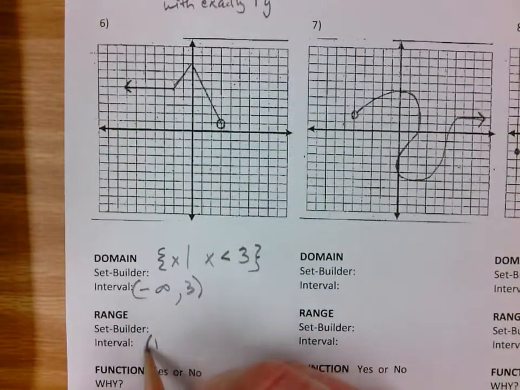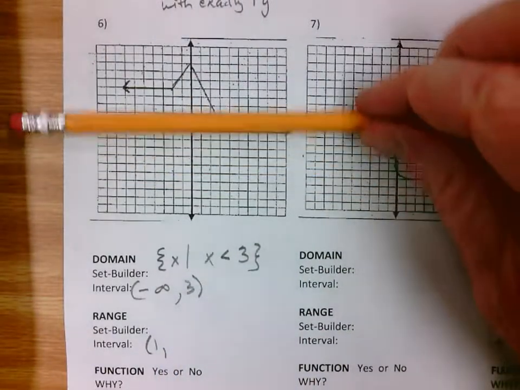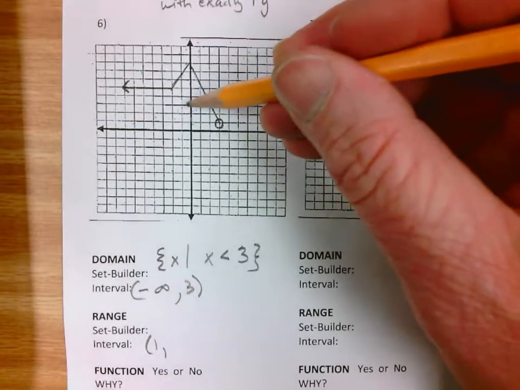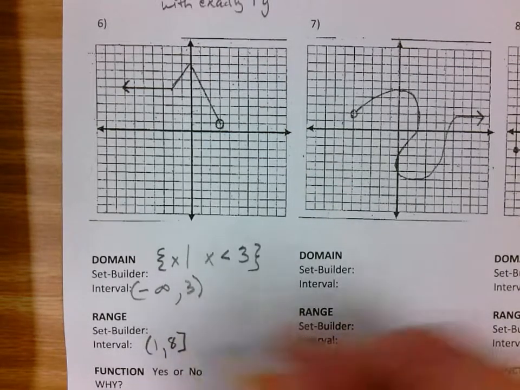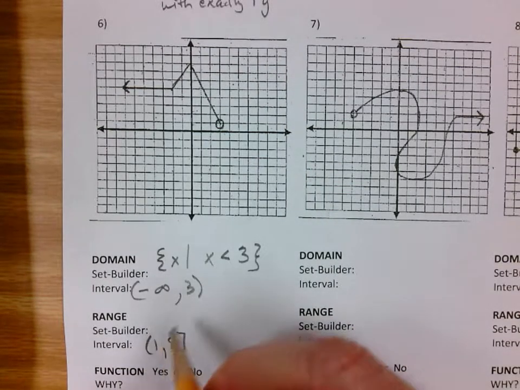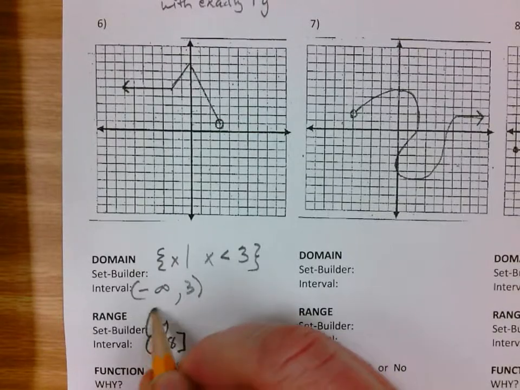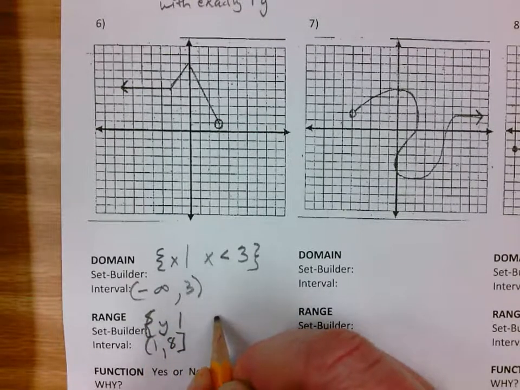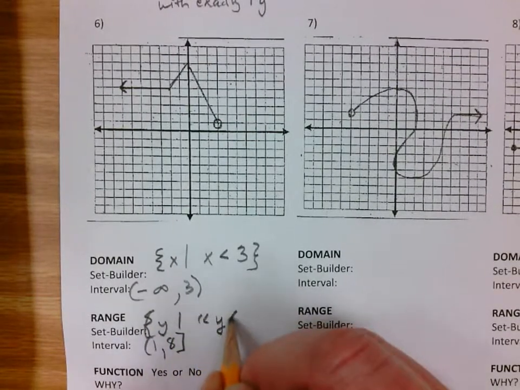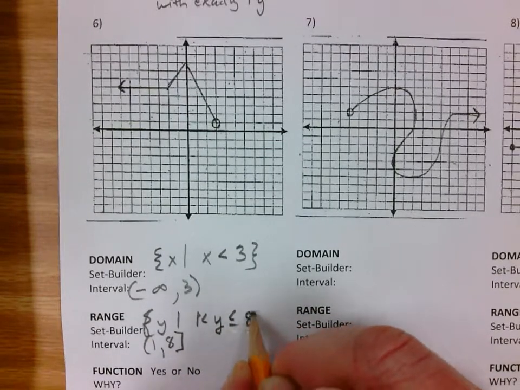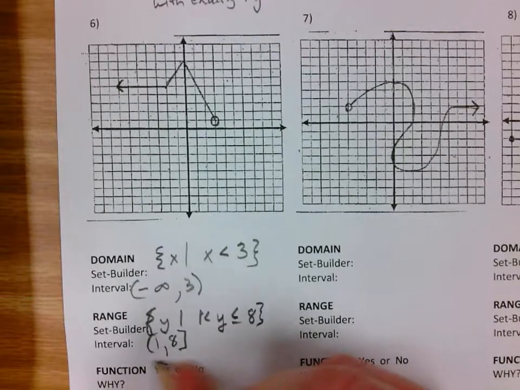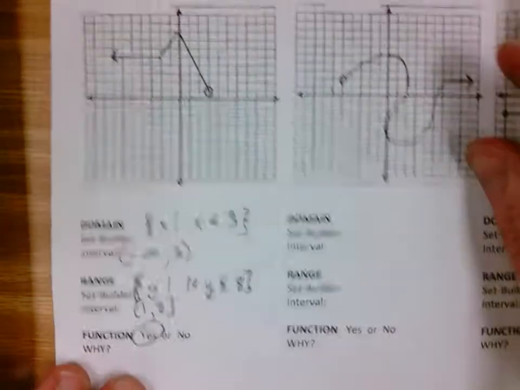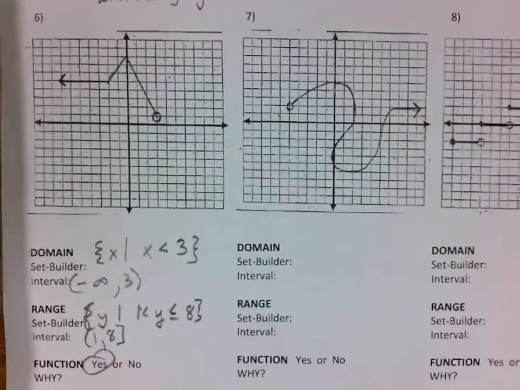I don't actually include that 1. And then I go all the way up to 1, 2, 3, 4, 5, 6, 7, 8. That one does have a value. So from 1 to 8, not including 1. Yes, it is a function, and it's just the opposite reason. Every x is paired with exactly 1 y.